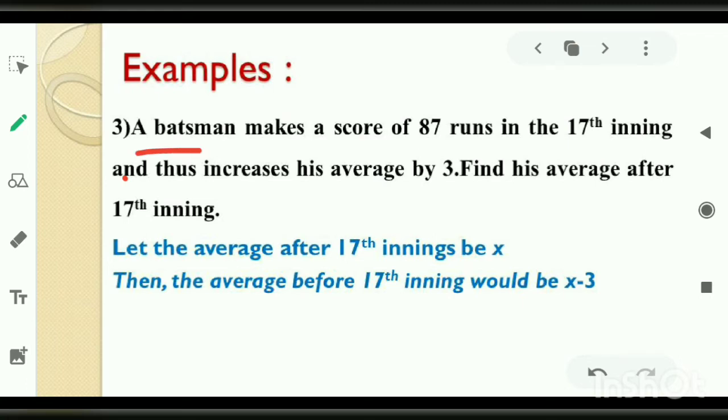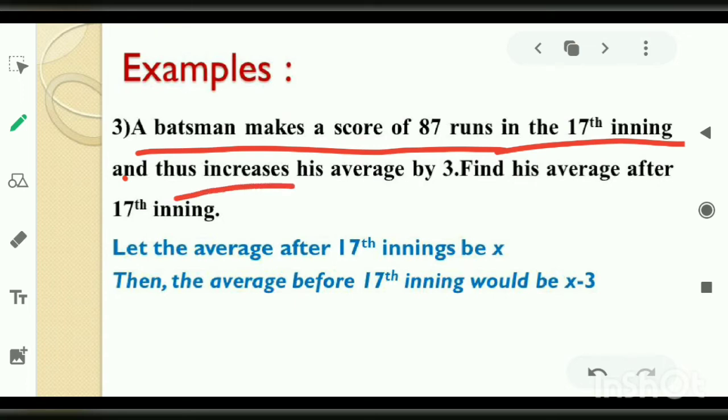A batsman makes a score of 87 runs in the 17th inning and thus increases his average by 3. Find his average after the 17th inning. Okay, what is given in the question? A batsman has scored 87 runs in the 17th inning and his average is increasing by 3.